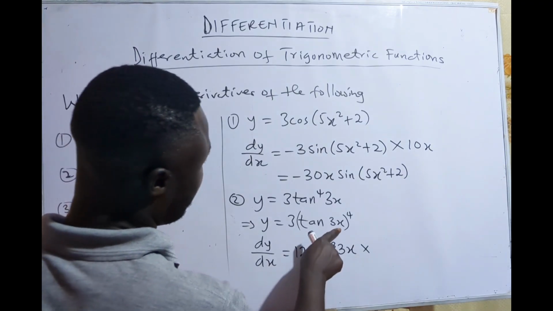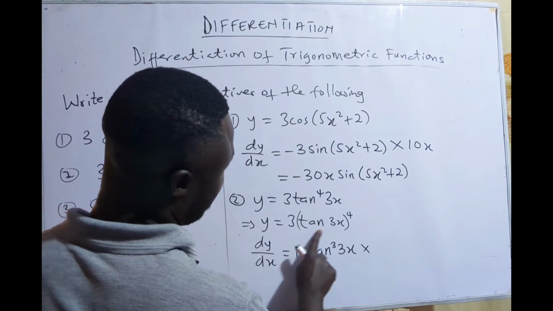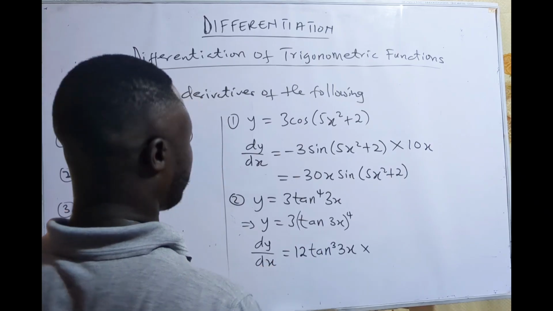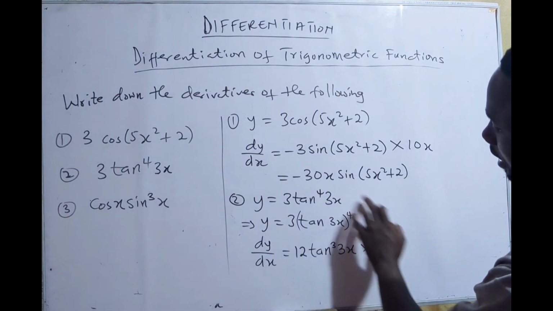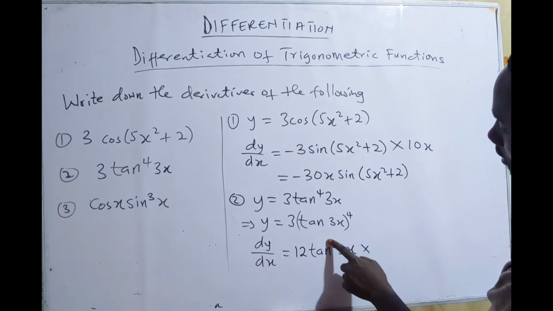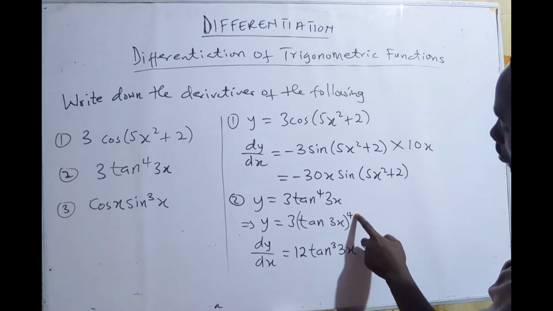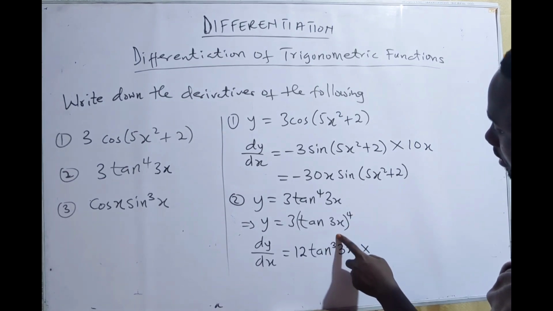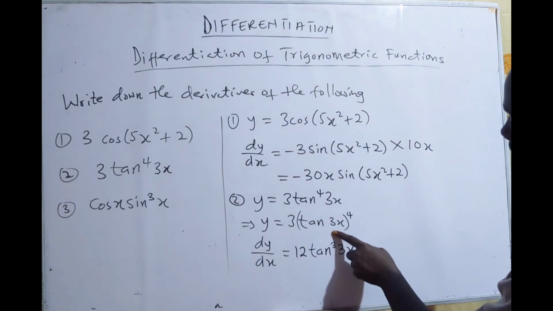Then I'll differentiate what is in the bracket here. So you take the whole of this and differentiate. 12 tan, you subtract 1 from the exponent, so you write it like this: tan cube of 3x times, then you differentiate what is here.